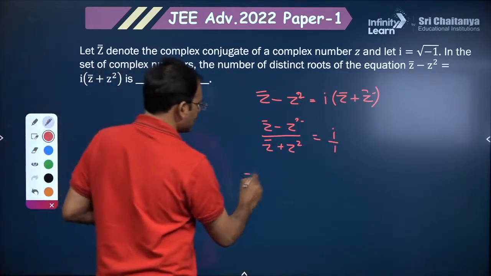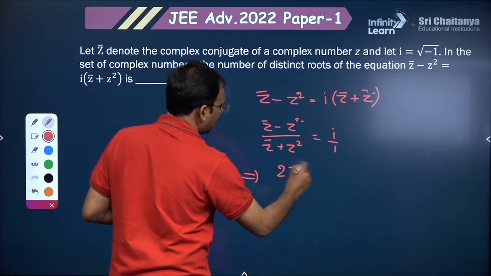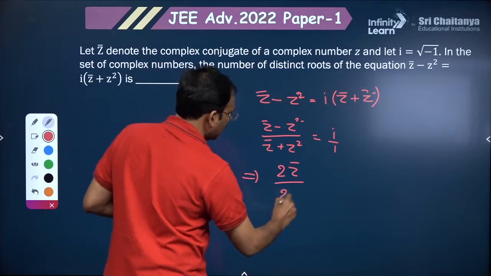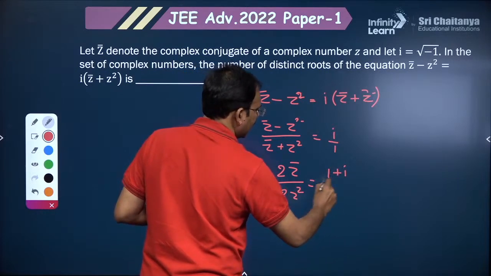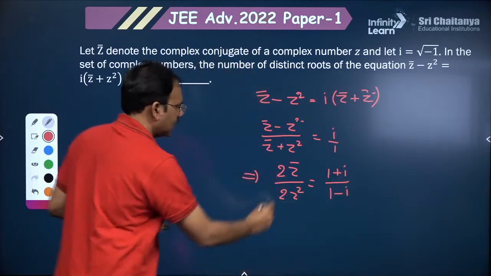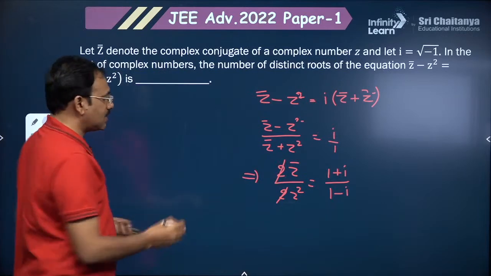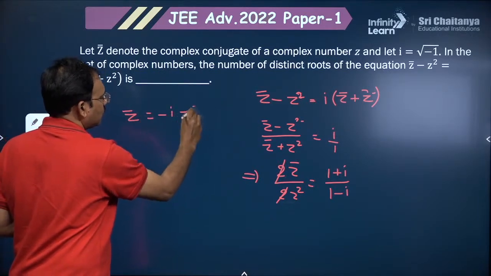You see, if you just apply, numerator plus denominator is going to be 2z bar, by denominator minus numerator, which is going to be 2z square, is equal to (1 plus i) by (1 minus i), 2 gets cancelled. You know (1 plus i) by (1 minus i) is i, so z bar is equal to i into z square.